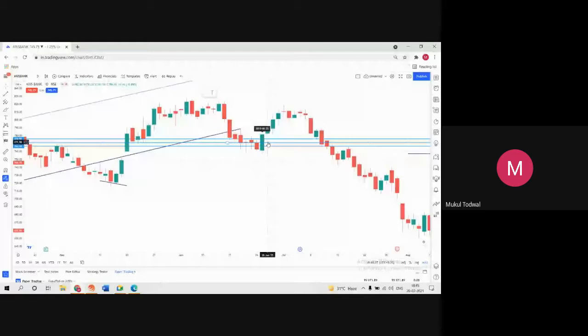The stock is going down, a red candle is formed, followed by a big green candle. See, the size of this candle is so big that it has completely covered the previous red candle. Now this is a very good example of a bullish engulfing candlestick, and see what the stock has done for the next few days.